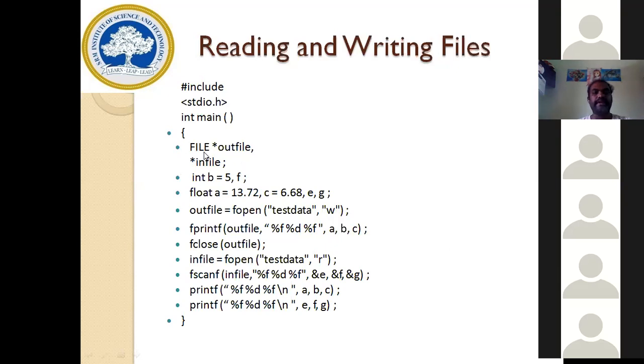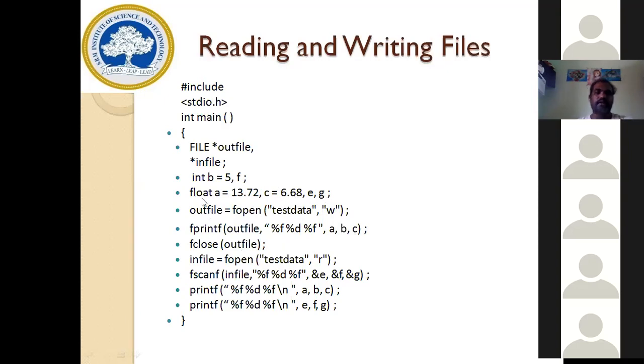For reading and writing operations, every time you need to declare a file pointer of the structure type FILE. Here FILE *outfile and *infile. So this is the output file, and this represents the input file. There is an integer variable b equal to 5, and one more variable f, and float variables a and c are declared here, and the respective values are assigned.